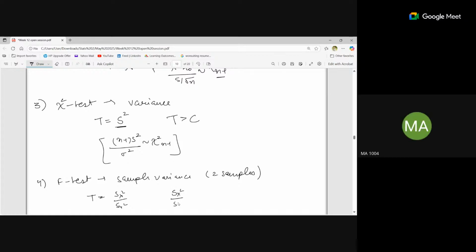Sx square divided by Sy square will be following the F distribution with n1 minus 1, n2 minus 1 degrees of freedom, right?